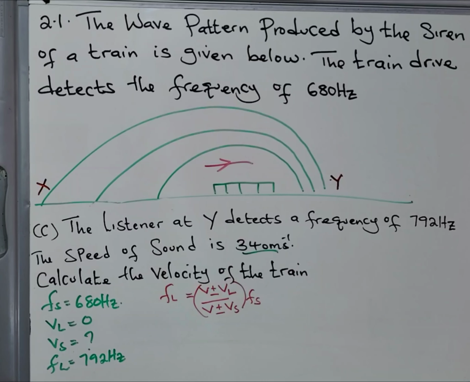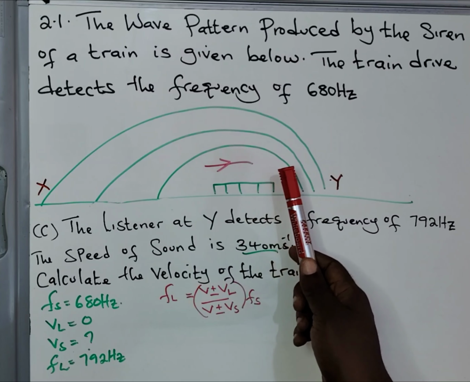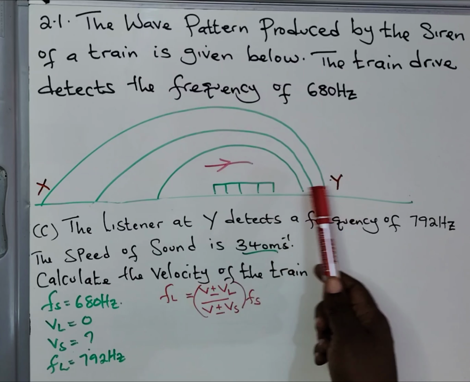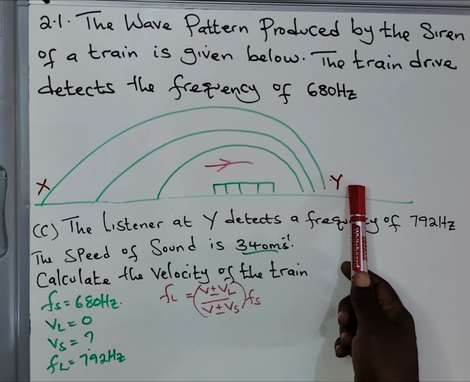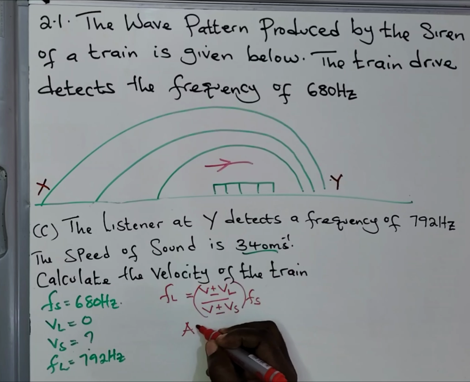After putting the equation, then you have to assess the situation, whether it's approach or away. And what we are seeing is that the train is moving towards Y, so it is approach.